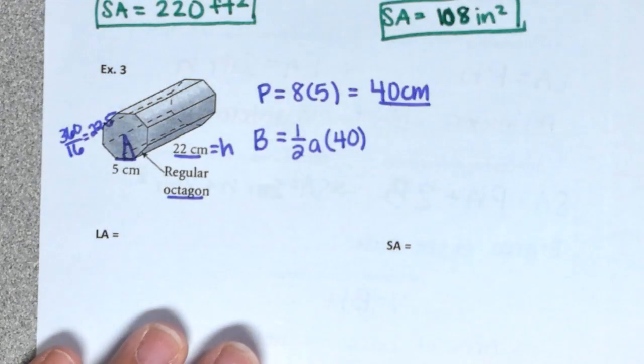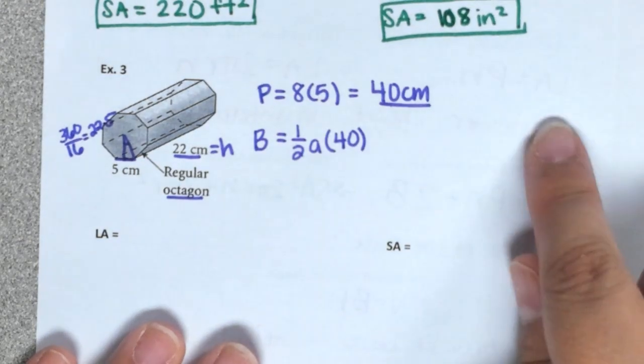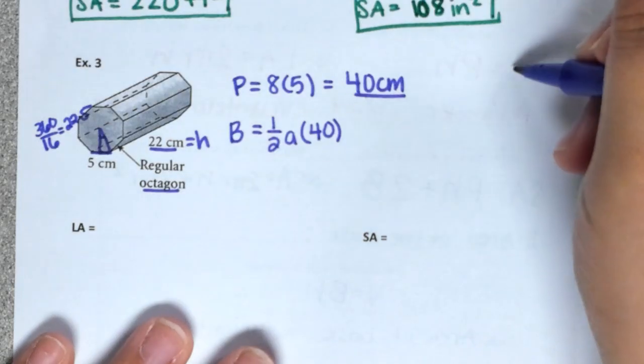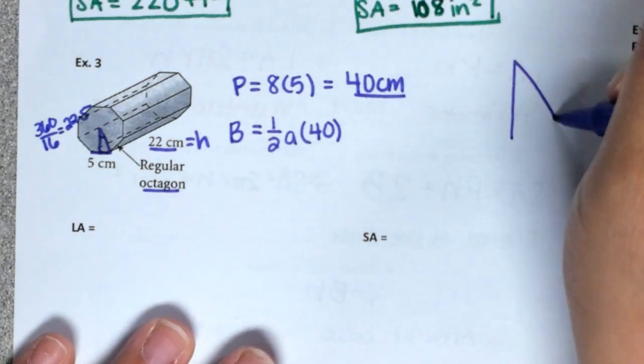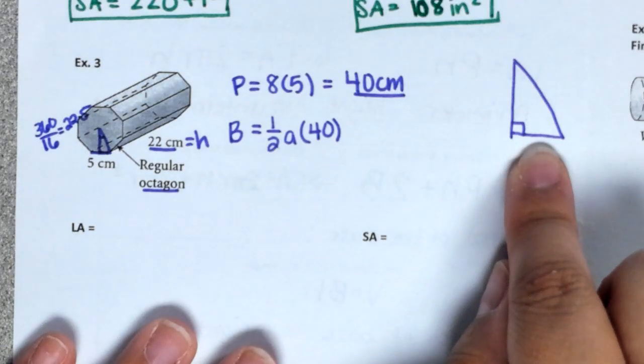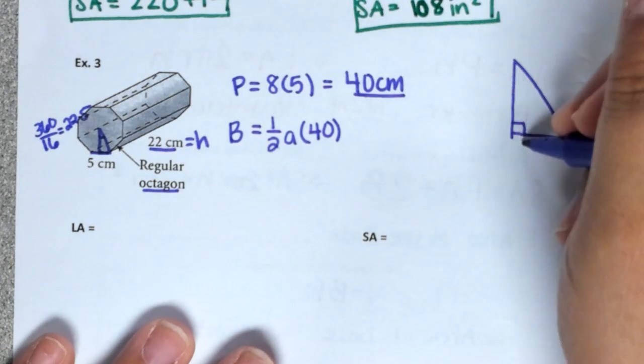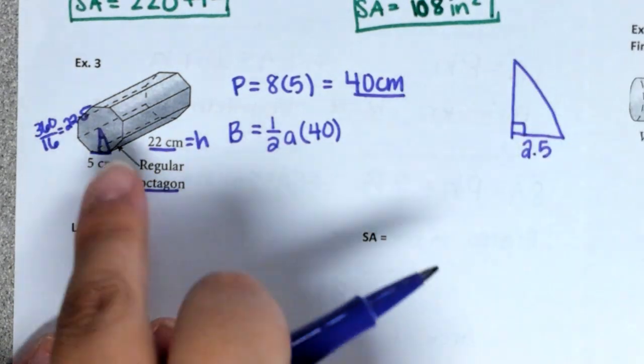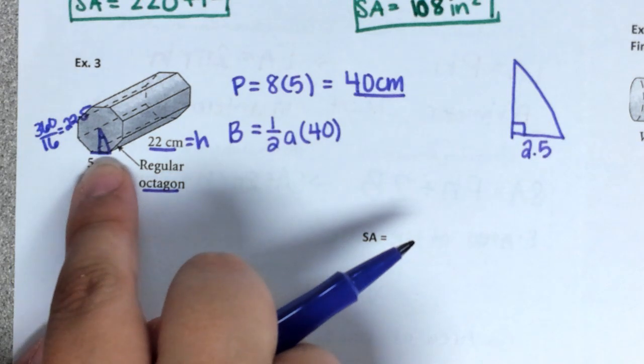I'm going to do this kind of over here. Okay, I'm going to redraw this. If I draw that triangle again, what is this down here going to be? 2.5, not 5, but 2.5, because do y'all agree it's half the side?